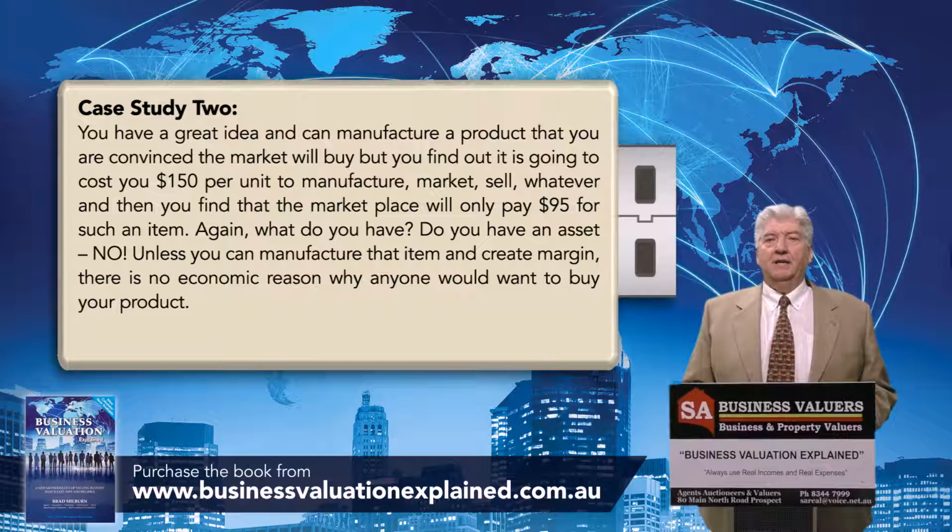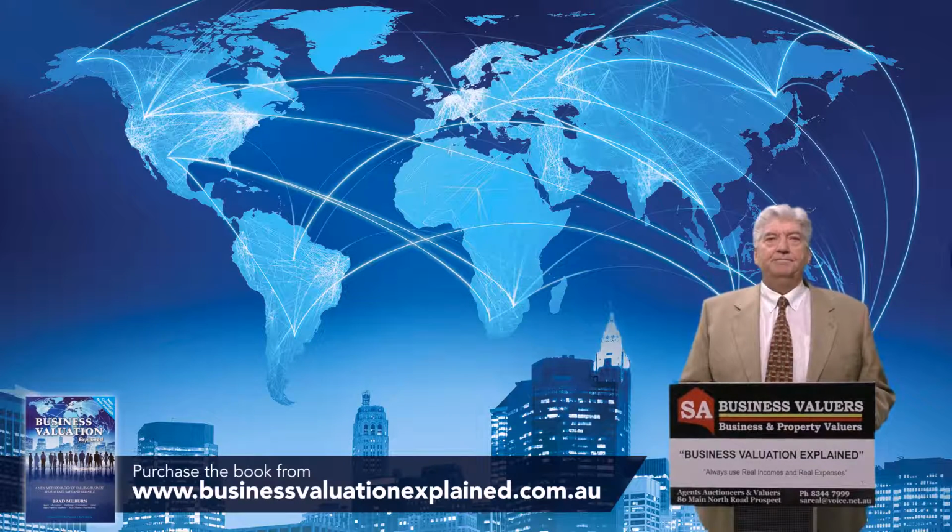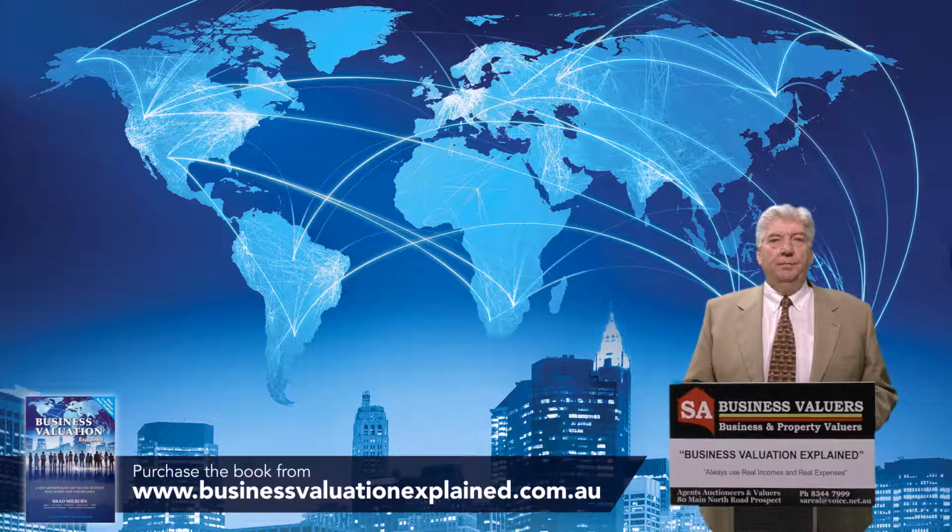No. Unless you can manufacture that item and create margin, there is no economic reason why anyone would want to buy your product. However, there is a way to value intangible items, and there is a way to make money through products and services. And if you can do this and create revenue streams, that will be attractive to market forces. Let's discover how.